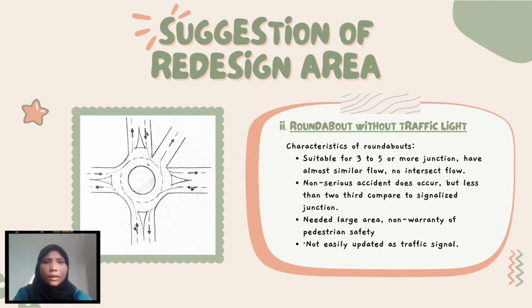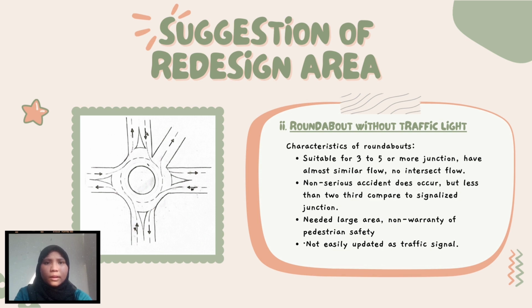The second of the suggestion redesign areas is a roundabout without traffic light. A roundabout is a type of circular intersection or junction in which road traffic flows almost continuously in one direction around a central island.